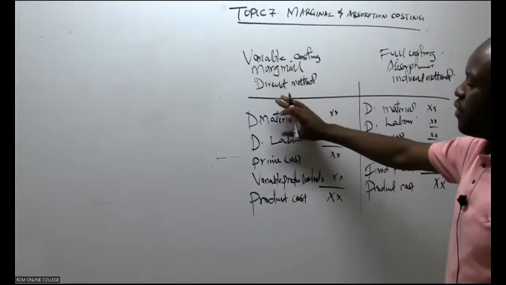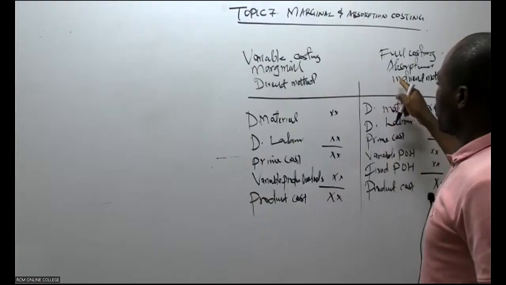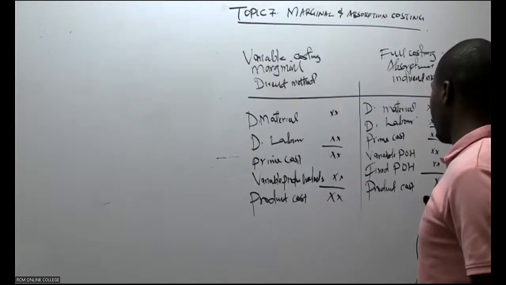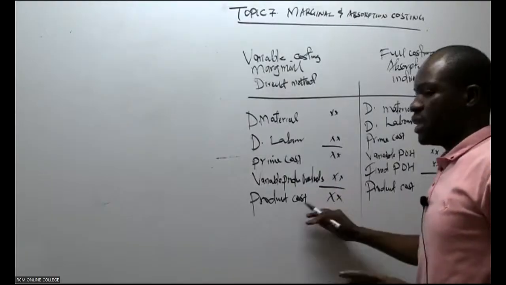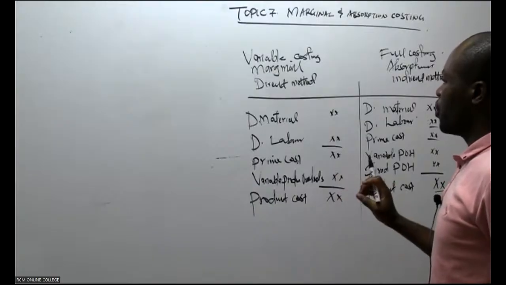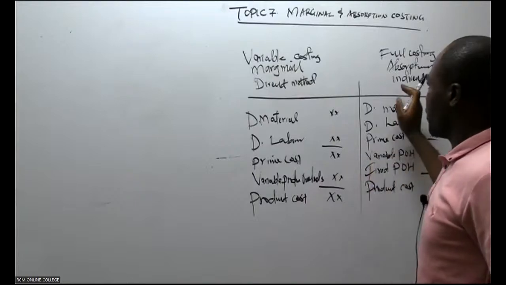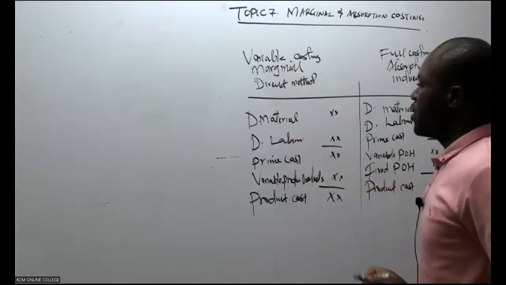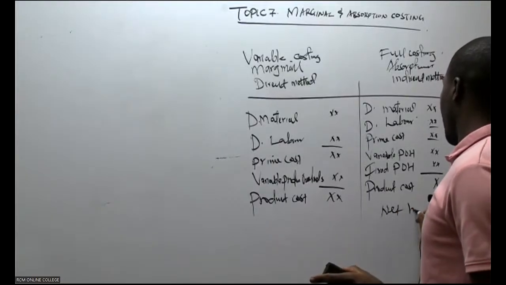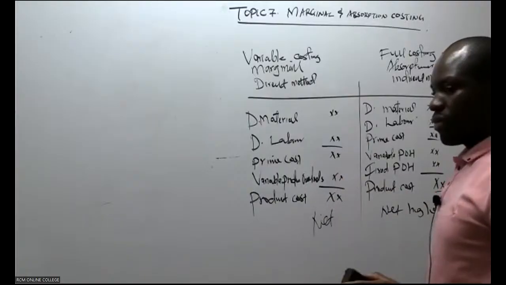From the formula that you've just seen, under the full costing method we are including the fixed cost as part of the product cost. So automatically, this cost will be higher than the other one. When the production cost is higher on the full costing method, net profit will be higher compared to the other side.